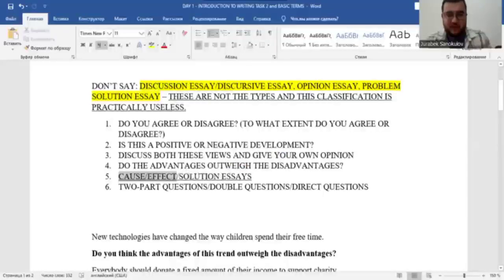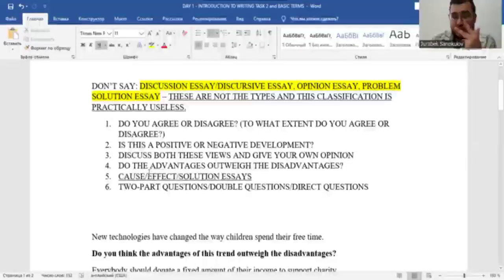So basically we have these three words, and using these three words, we can create three combinations of questions. So we have causes and solutions essays, and we have causes and effects essays, and we have effects and solutions essays.